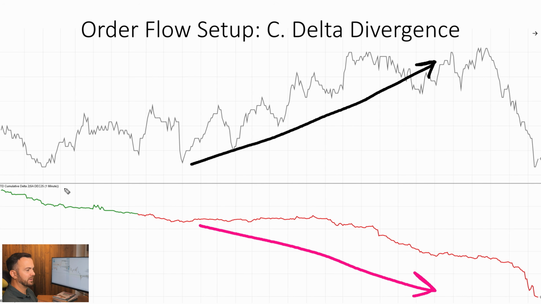And by the way, don't mind the colors of the delta, whether it's green here or red, it doesn't really matter. What matters is the direction of it, right? So in here, we have clear divergence between price and delta. And as I was saying, price likes to follow delta eventually. So that's why the price dropped in here to follow delta, right?